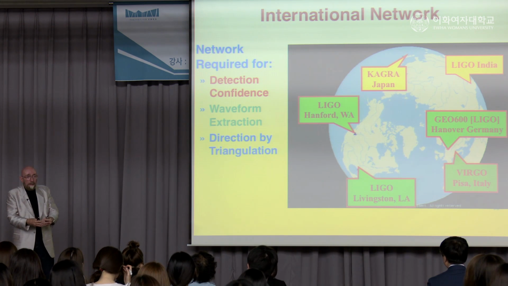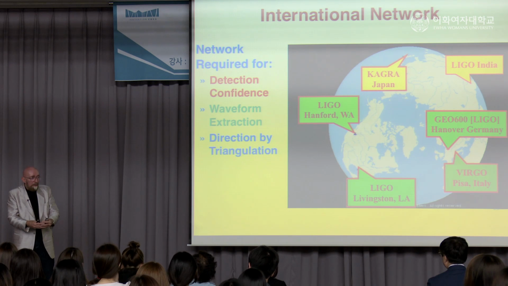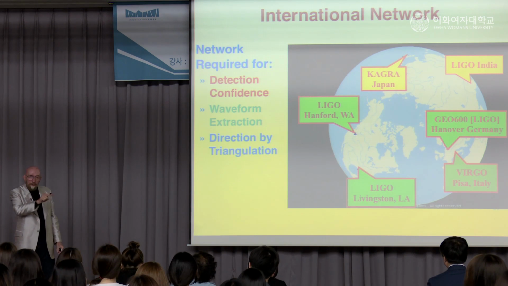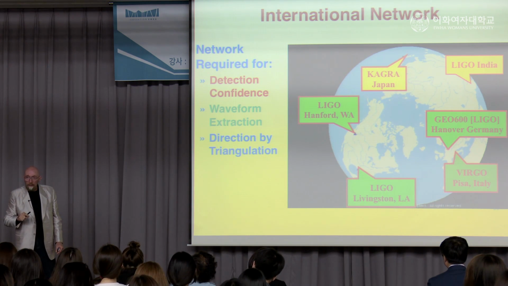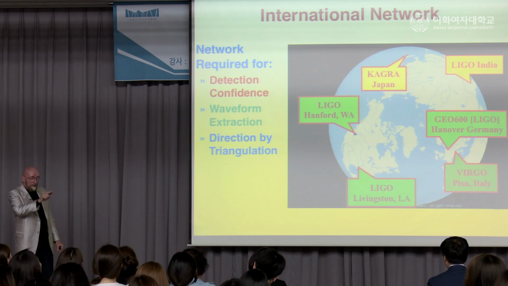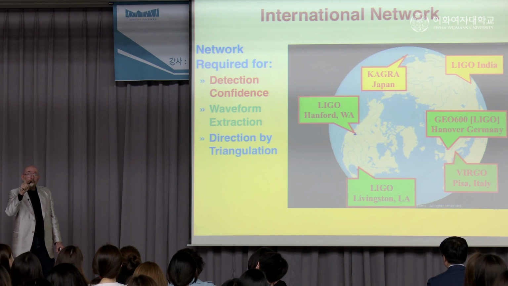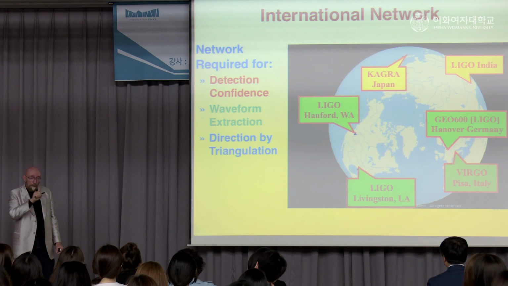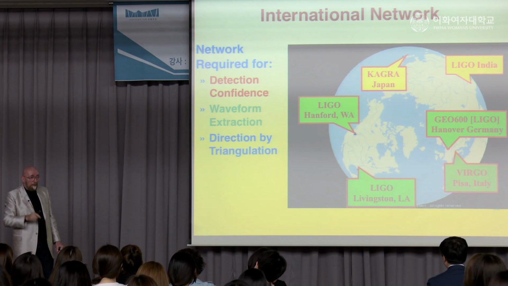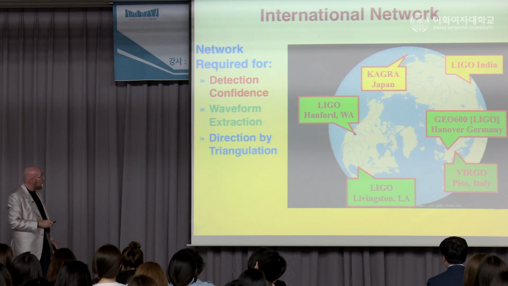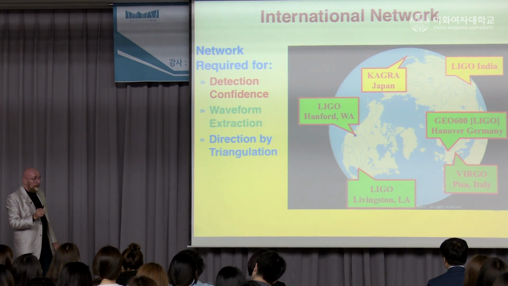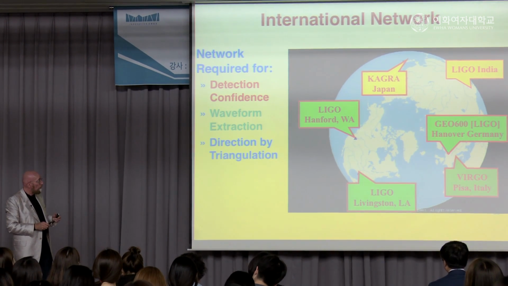Because the noise in these instruments is sufficiently dangerous that we will not believe anything we see unless several instruments see the same signal. And we need several instruments in order to find the direction to a source by the delay in when the signal arrives at different locations on Earth, and in order to then extract the waveforms with confidence.